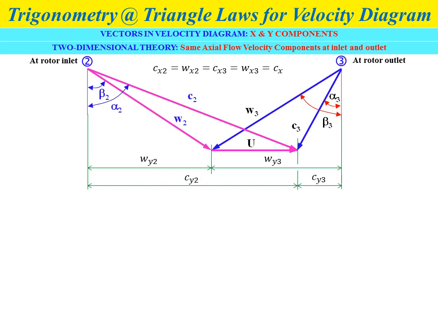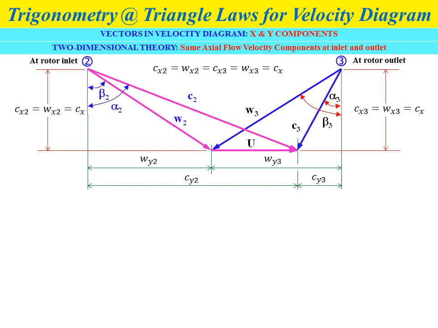The x component for absolute velocity equals the x component for relative velocity. So Cx2 equals Wx2 equals Cx3 equals Wx3 equals Cx, as shown in the figure. All the x direction components of the velocity vectors in the velocity diagrams will have the same value.